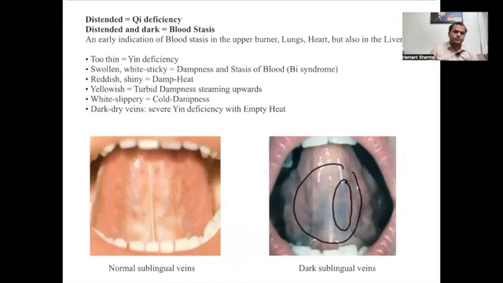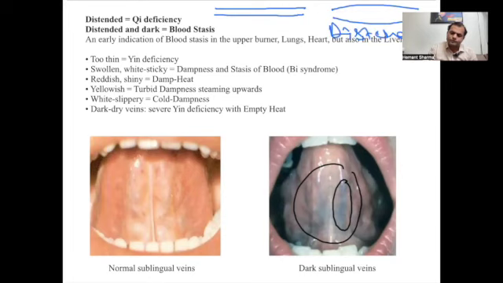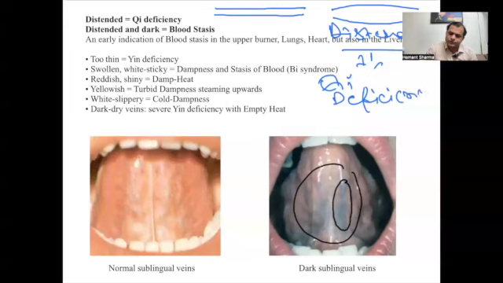And remember one thing. This is the vein. Now, when the vein becomes distended, suppose this vein becomes distended, the distended vein is the sign of Qi deficiency.